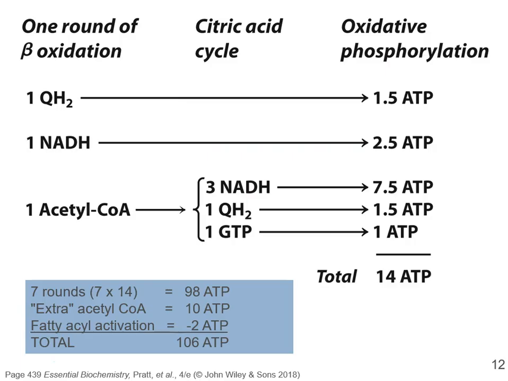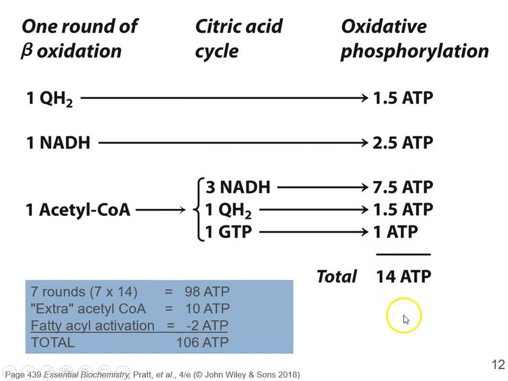Here, if we add everything up, in our citric acid cycle, we get 1 QH2, which is 1.5 ATP, and 1 NADH, so that would be 2.5. So we get 1 QH2 and 1 NADH per round of beta oxidation. And then here's our 10 that we get from acetyl-CoA. There's our 7.5 plus 1.5 plus 1.